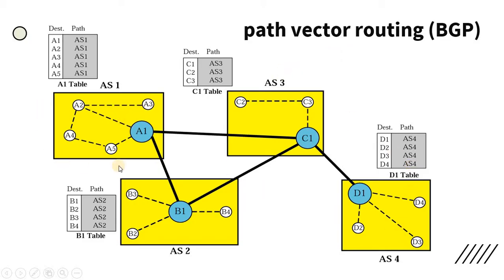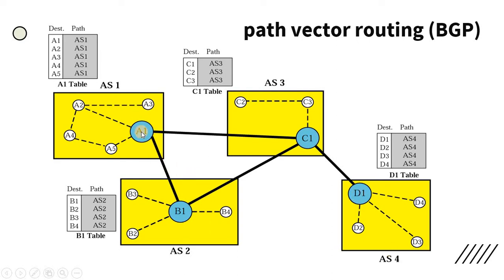In each autonomous system there is one router which is the representative of that autonomous system, and this node is used for communication with other autonomous systems. So for AS1, A1 is the speaker node. For AS2, B1 is the speaker node. For AS3, C1 is the speaker node, and for AS4, D1 is the speaker node.